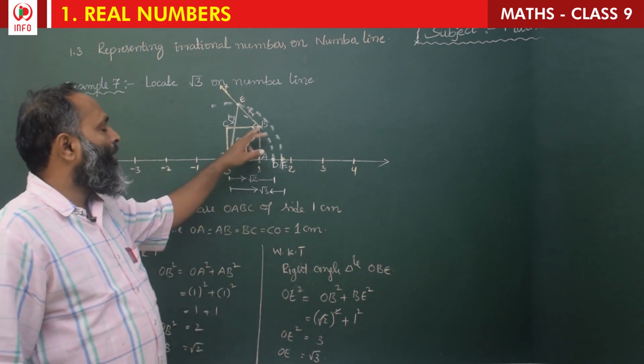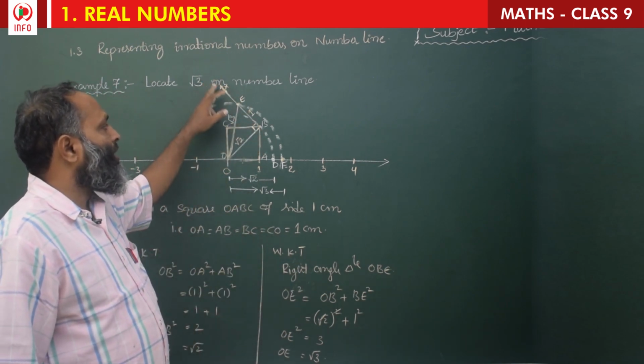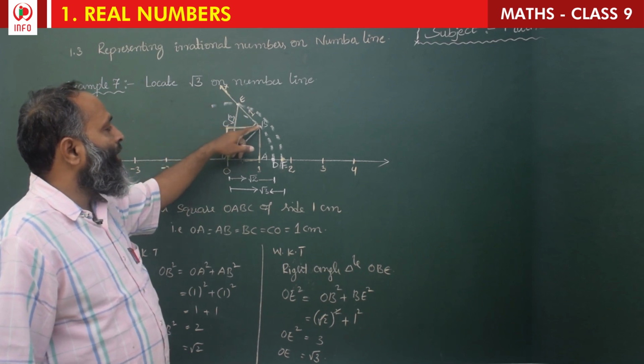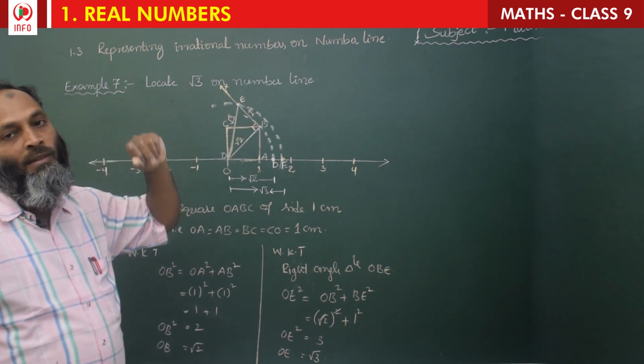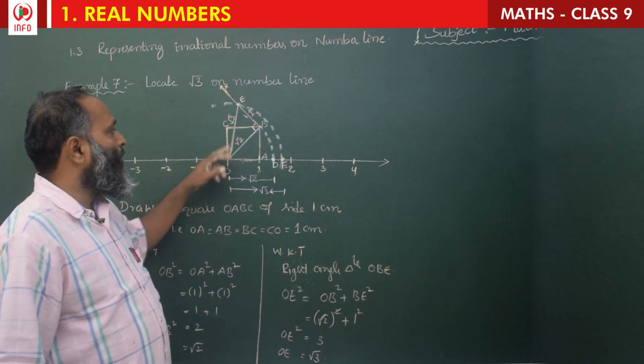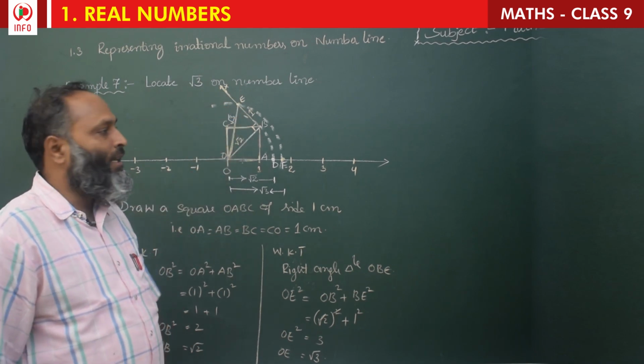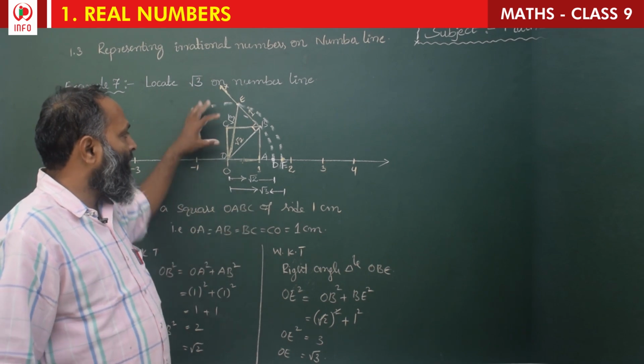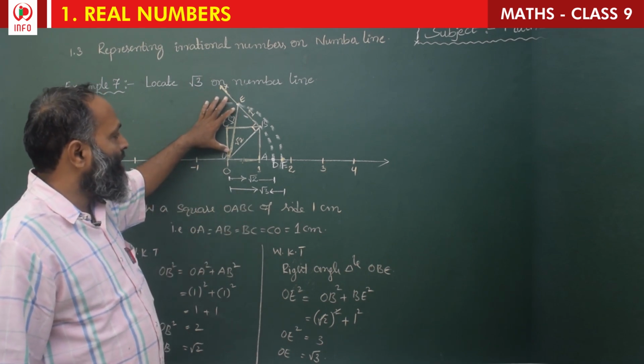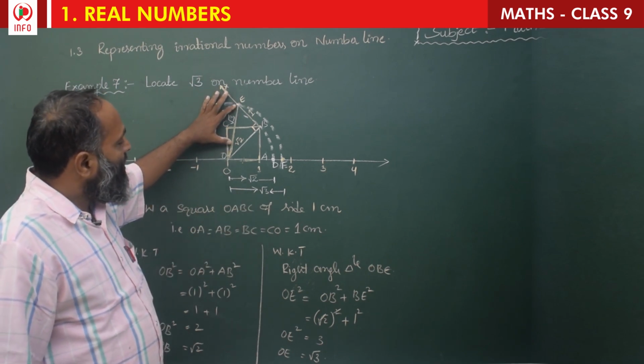Again, at B draw a perpendicular line, that is BX. From B to E we take 1 centimeter length and join OE. Then OBE is a right angle triangle. In this right angle triangle, OE is the hypotenuse.